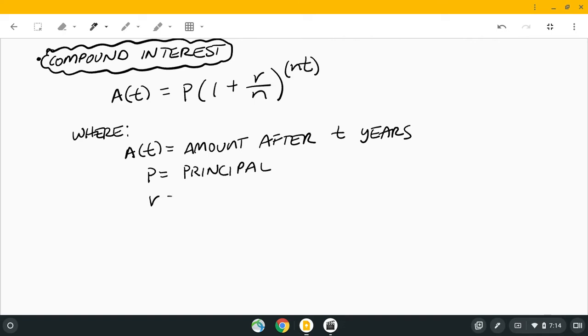R is your interest rate per year, and make sure that it's written in decimal form. Usually they'll tell you 3% interest, and you have to convert that 3% to decimal.